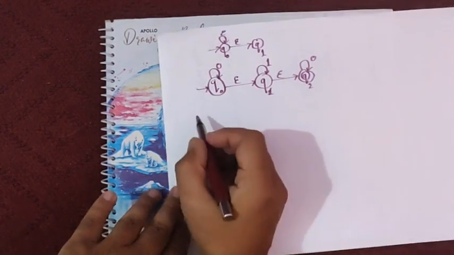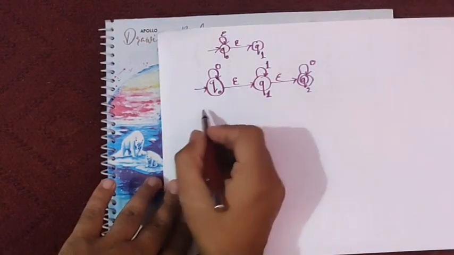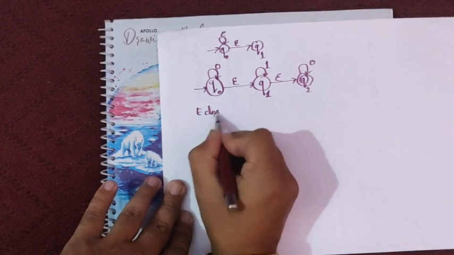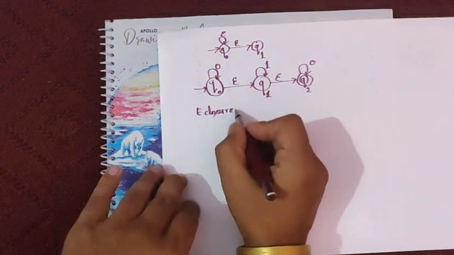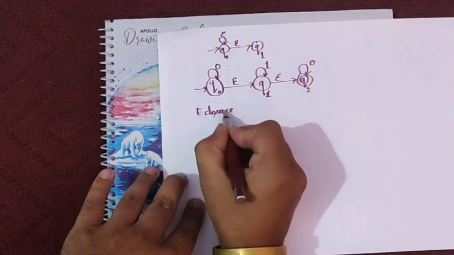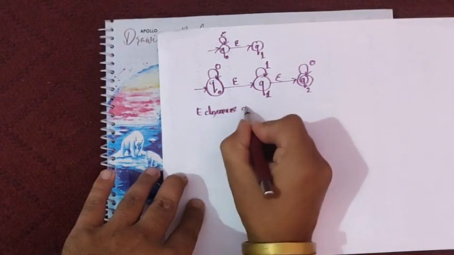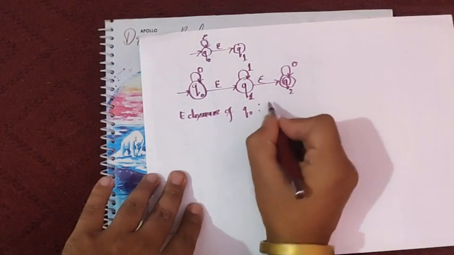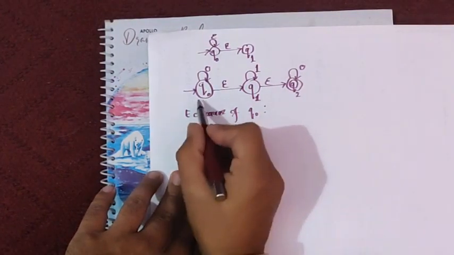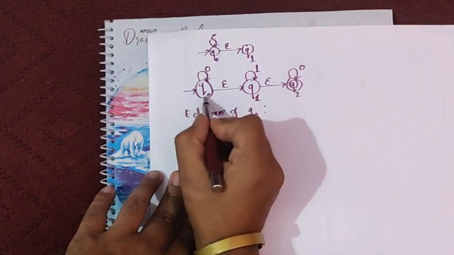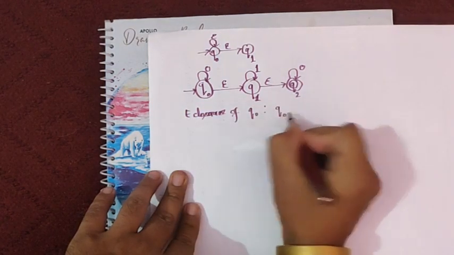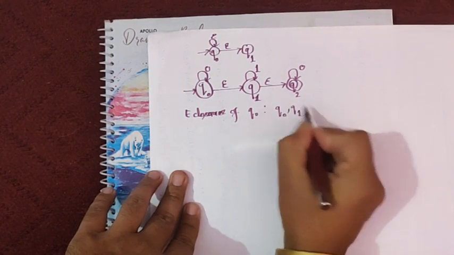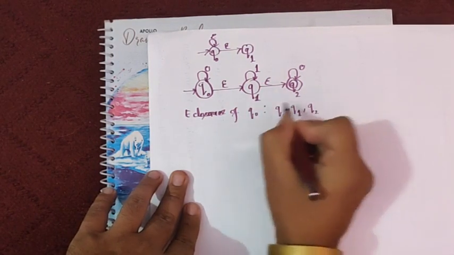First of all, we have to get the epsilon closure. Epsilon closure of q0: when we get the empty string in q0, it stays at q0, and on the empty string from q0 it goes to q1 and similarly to q2.